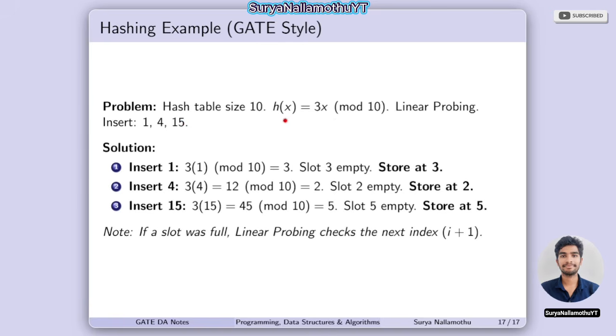This is the formula for hashing. We apply linear probing. Insert 1, 4, 15. We apply these into the formula, then we get the storing slots 3, 2, and 4. These are the storing indexes in that hash table.